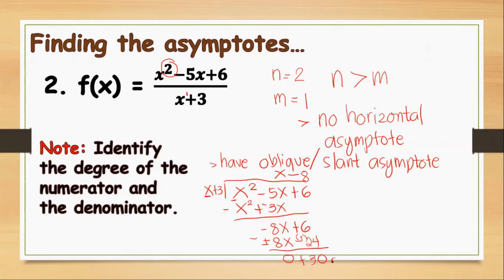Our remainder is 30, and this quantity will be ignored. The only thing that we have to notice is x minus 8. Therefore, our slant asymptote is y equals x minus 8. We don't have a horizontal asymptote in this case, but a slant asymptote.